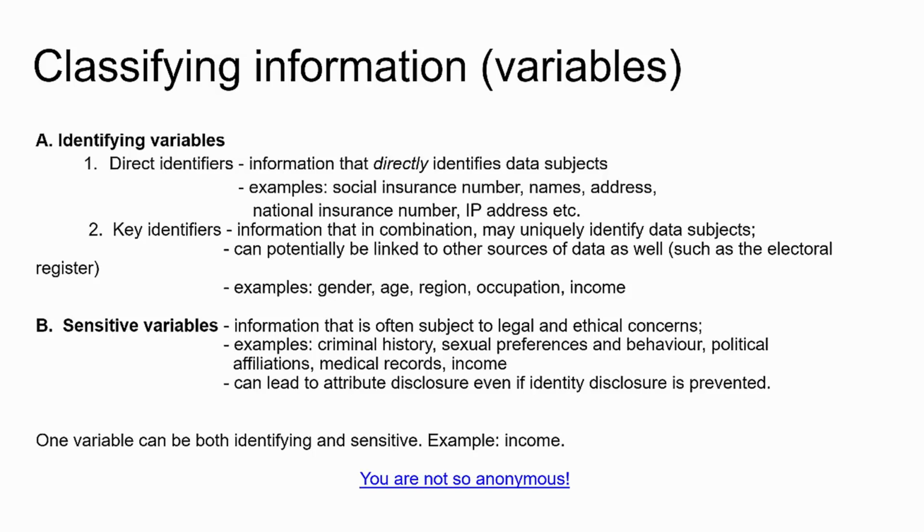So even if that primary disclosure is not possible because we don't necessarily have identifying information, attribute disclosure, so secondary, is also possible because it's possible to narrow down who that person is. And just an observation here: one variable can be both identifying and sensitive.